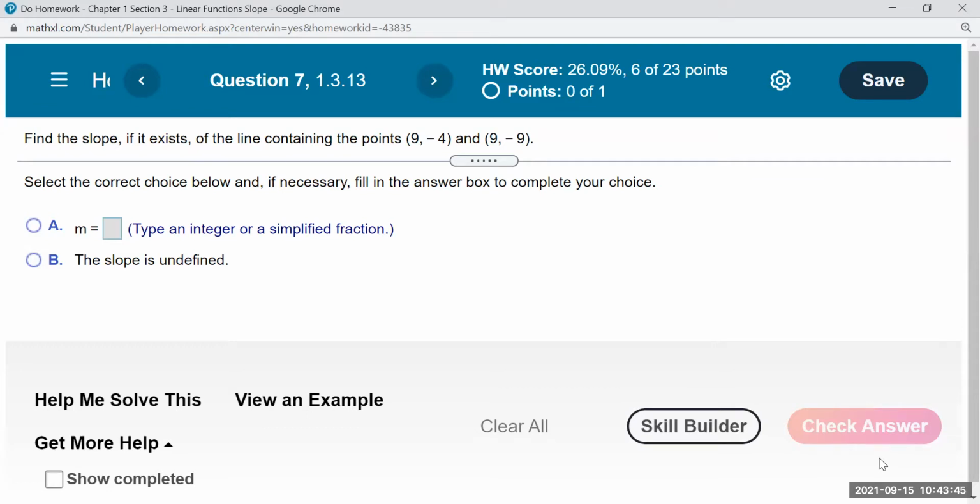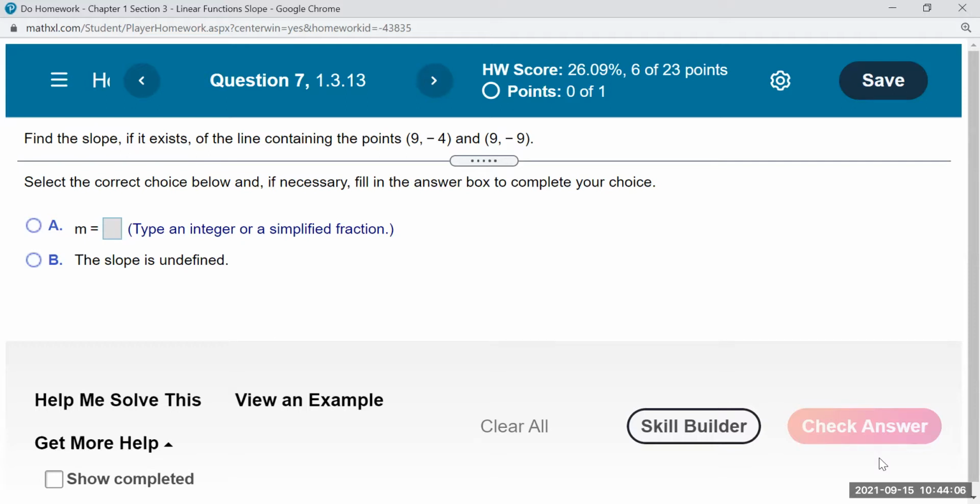So yeah, plug those in the formula we just had, x1, x2, and what do you see? When you finish those, what do you get? You get -5 over 0. You cannot have over 0.